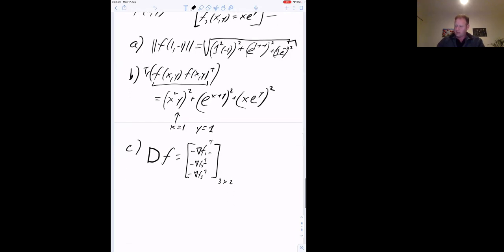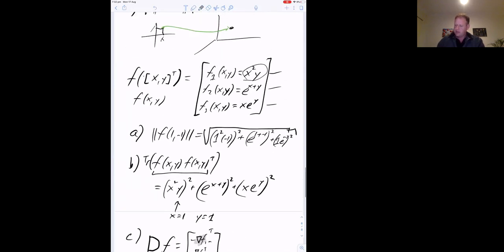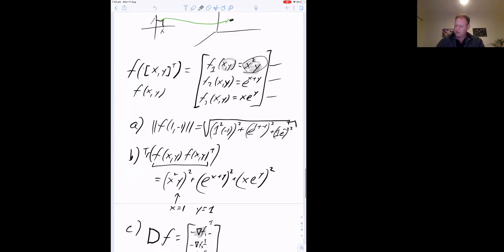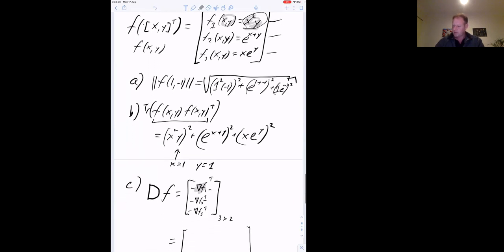So let's actually write the entries. Let's look at the gradient of F1. F1 is a function from R2 to the reals. So we take the derivative with respect to x, and then the derivative with respect to y.